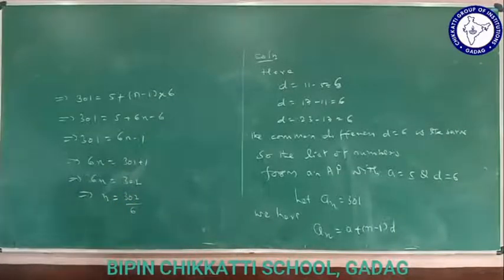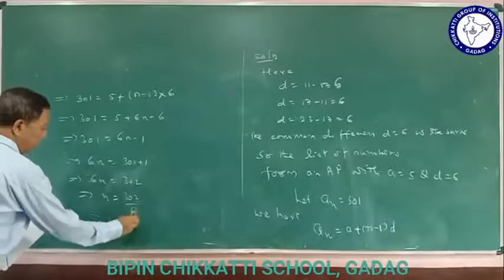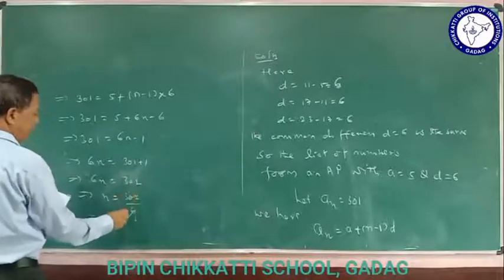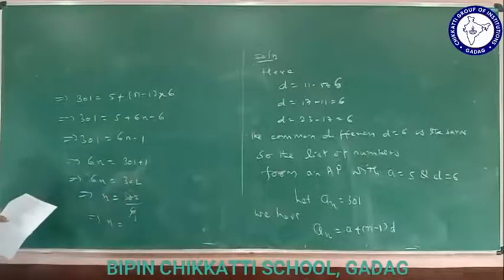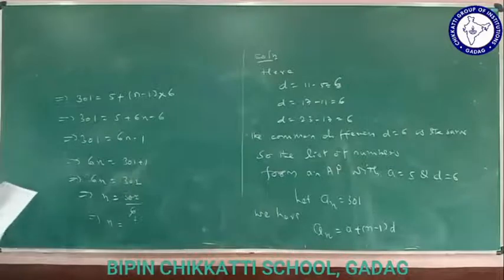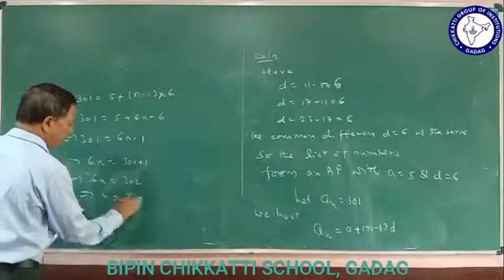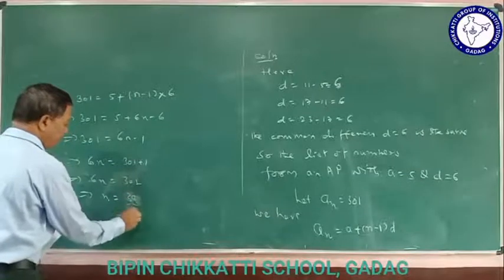And here you have to do the simplification. 3 2s are 6 and 3 1s are 1. You have to see whether it is possible or not, whether it is dividing by 3, we have to see. Anyhow you can stop here only, there is no problem: 302 divided by 6.